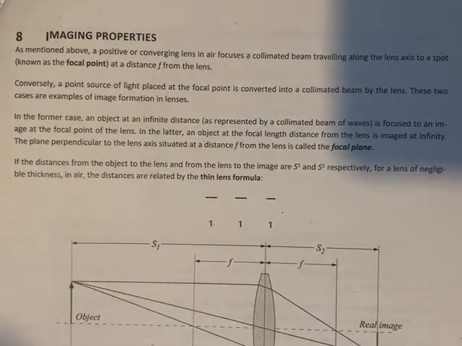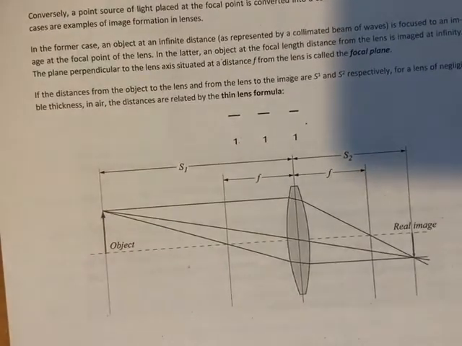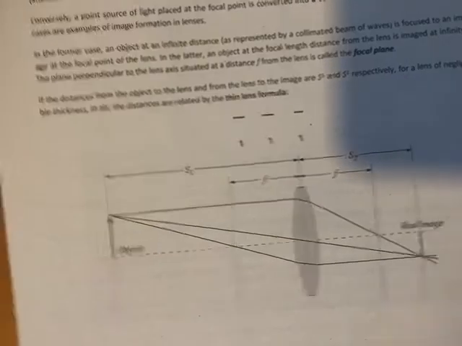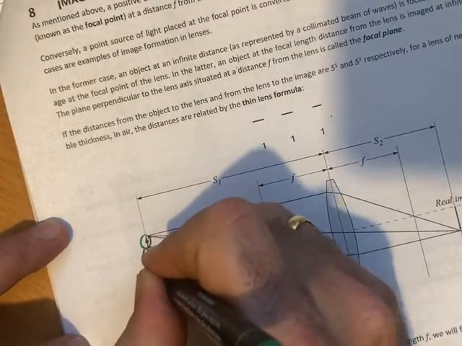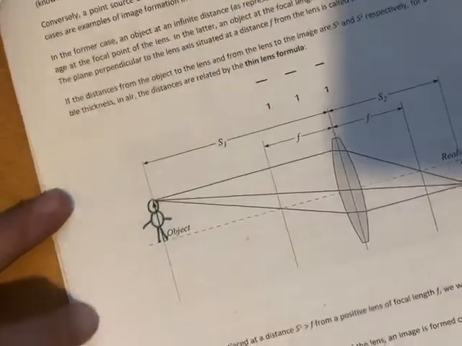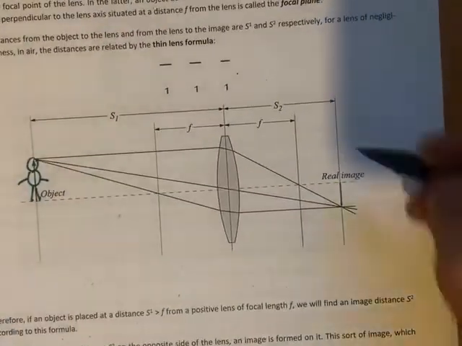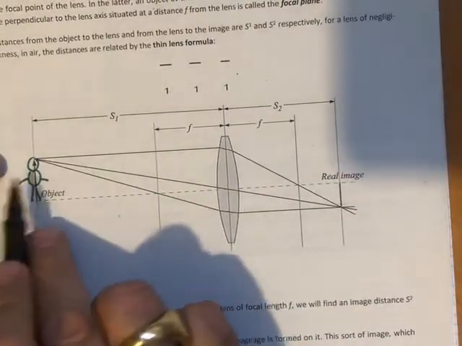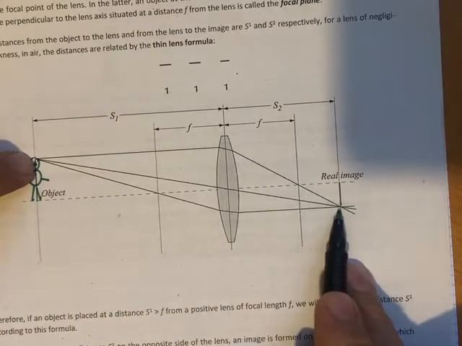So when you want to construct an image, you need to have every point of the object giving you one point on the image. So this is here an object. Let's imagine this is a person. Okay? And if I want to have an image of this person here, I need every point of that person to give me one point on the image.